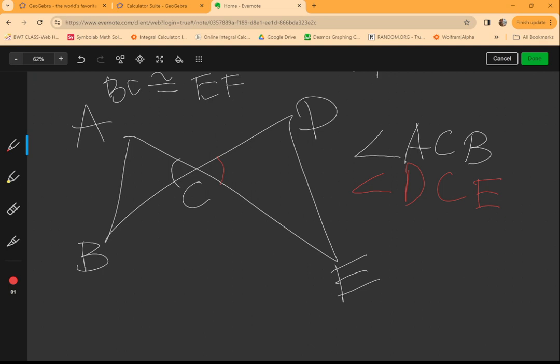So this is a naming convention for when something isn't as clear. If we have two separate figures, sometimes it's easy to refer to one letter, but not all the time. If you said angle C, I would not know what that measure would be. Okay, thank you.